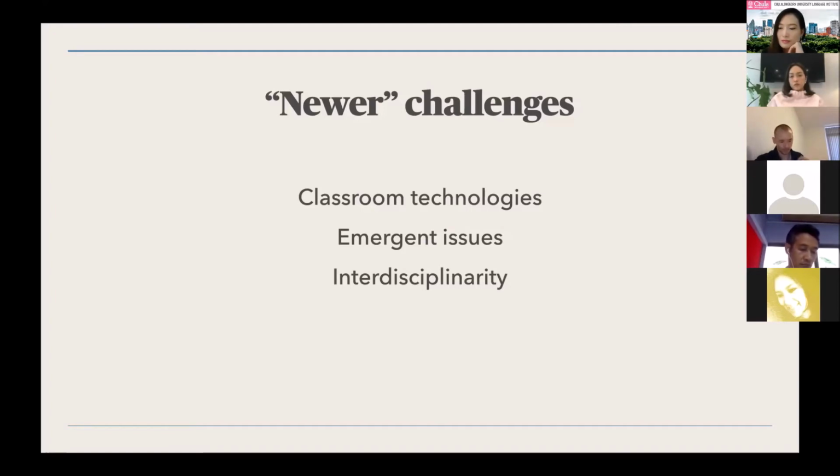And so as we incorporate more technologies, as teachers, as we become more comfortable with using technologies, we also need to understand how these technologies influence what we do and what we say as teachers and also as students, right?